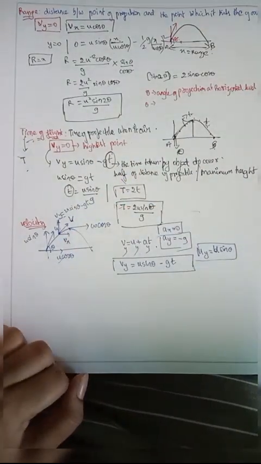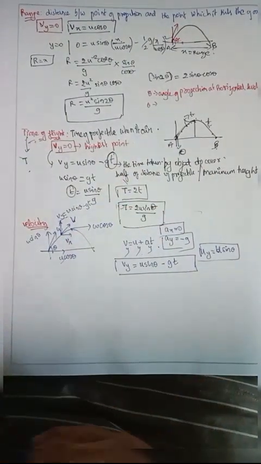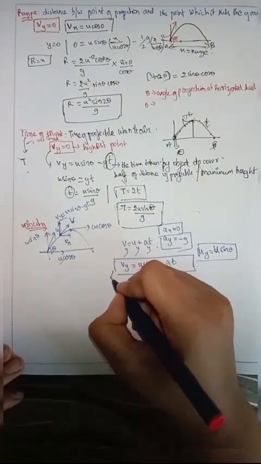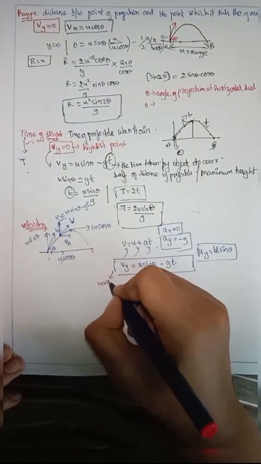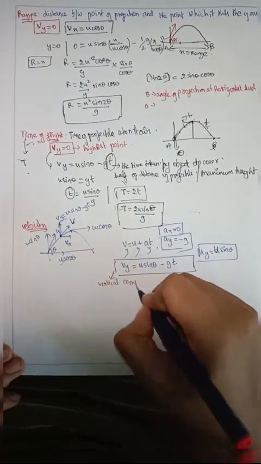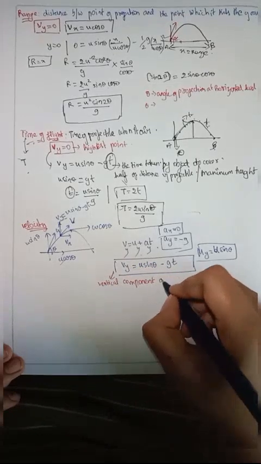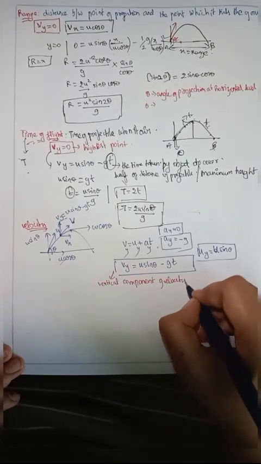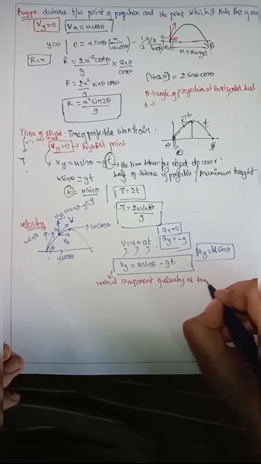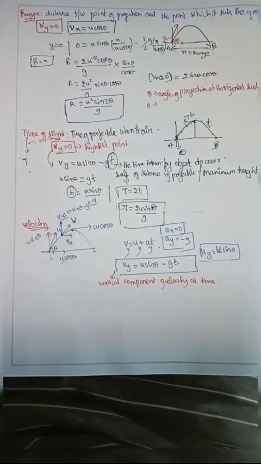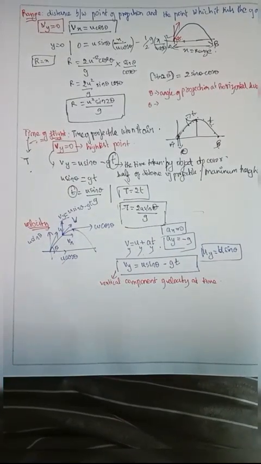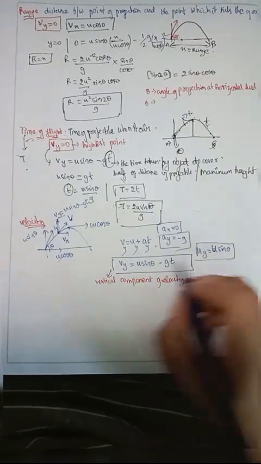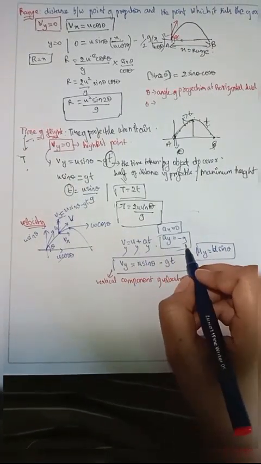So at time t, this is the vertical component of the velocity. The main concept you have to consider is uy is u sin theta, and a is minus g.